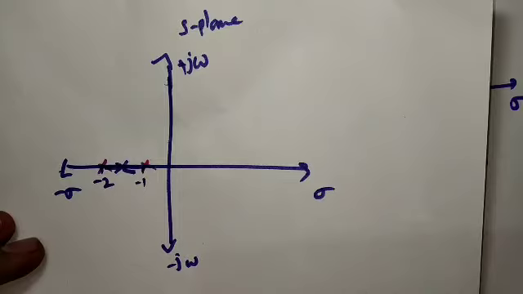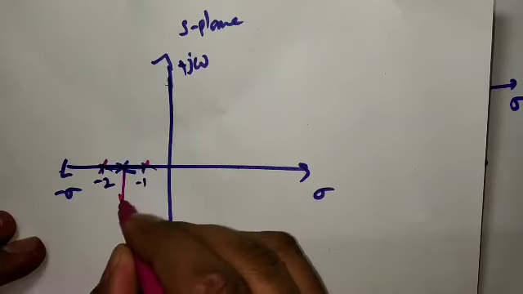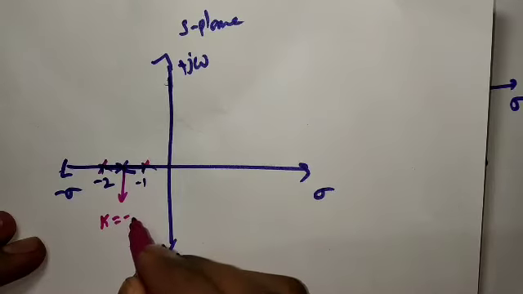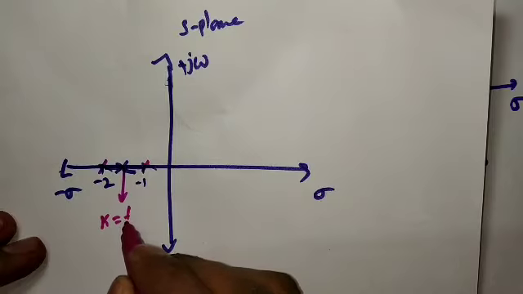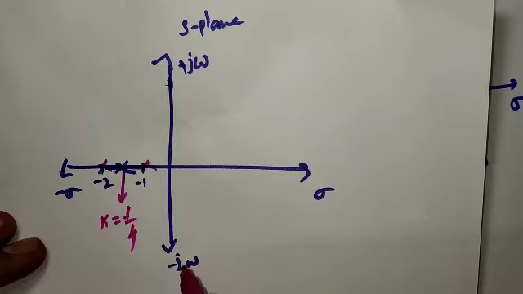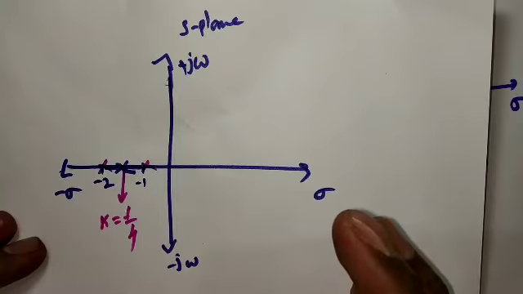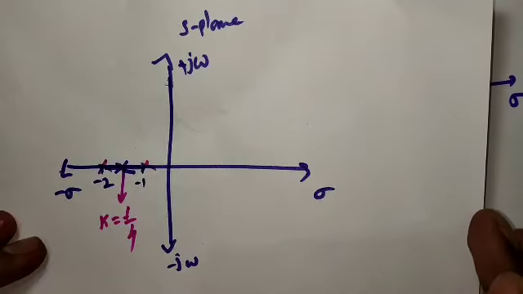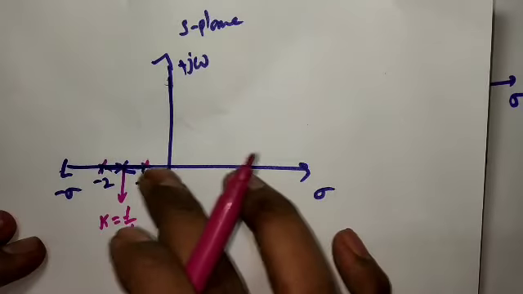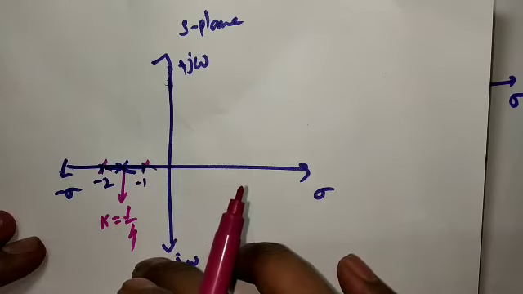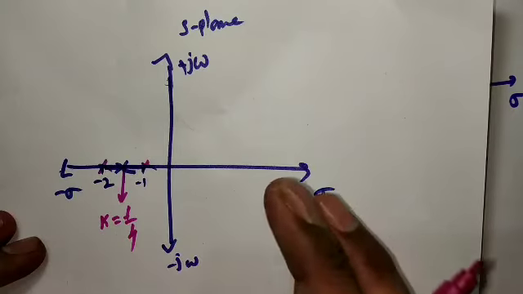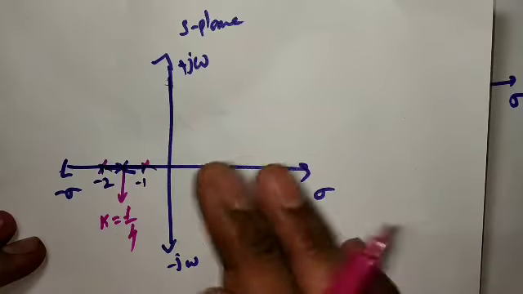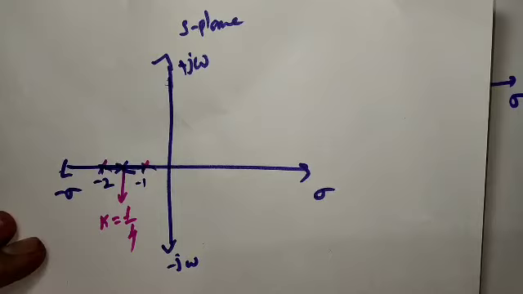So when k is equal to 1 by 4, you get your roots at minus 1.5. That means your roots are real and repeated, which means critically damped.